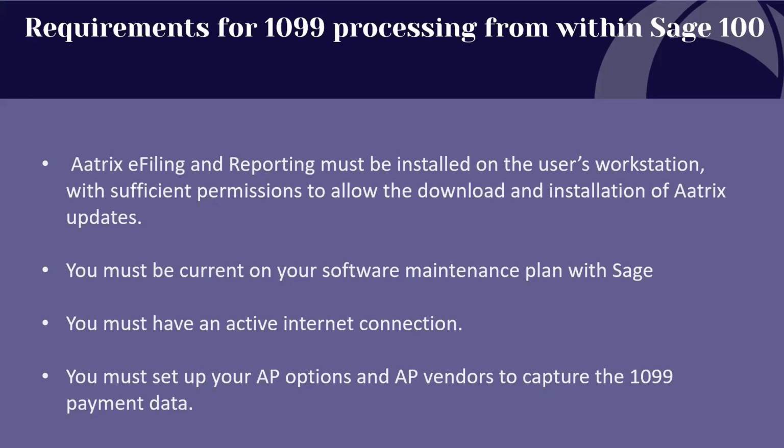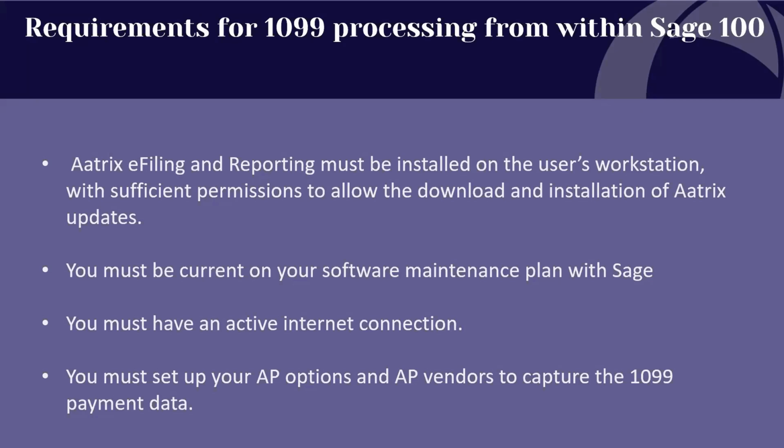So something to be aware of, if you've got a new computer this year, double check to make sure before you're ready to process the 1099s that you've got Atrix installed. And also be aware you've got to have administrative permissions to be able to install on somebody's computer, so we may need the assistance of your IT people.